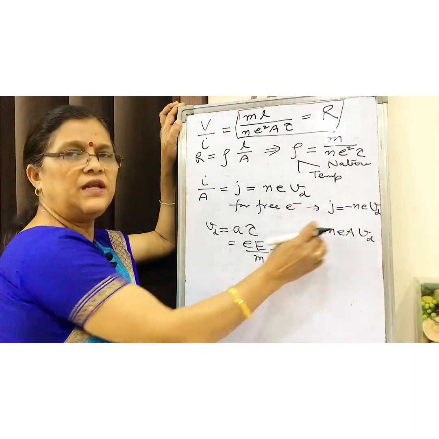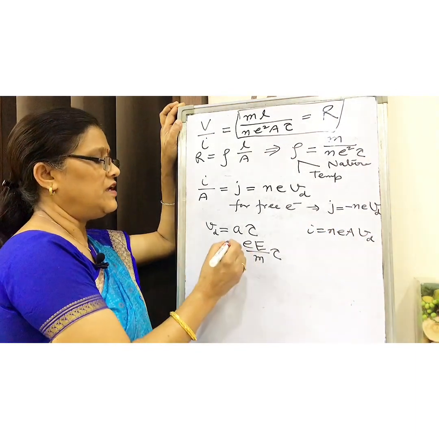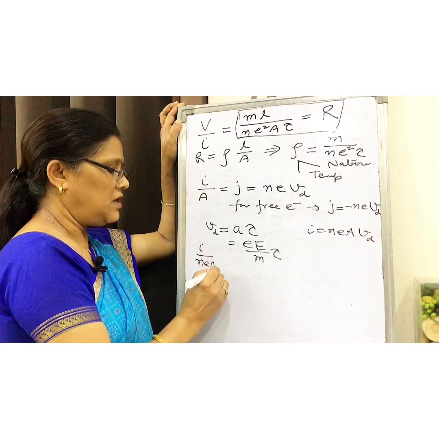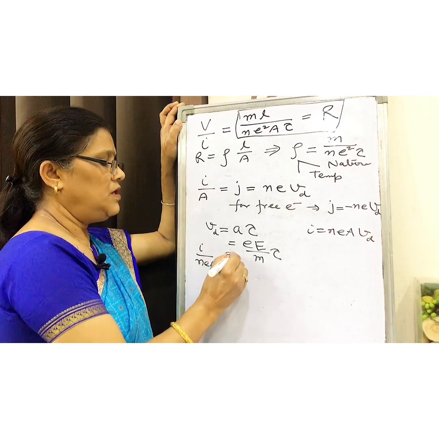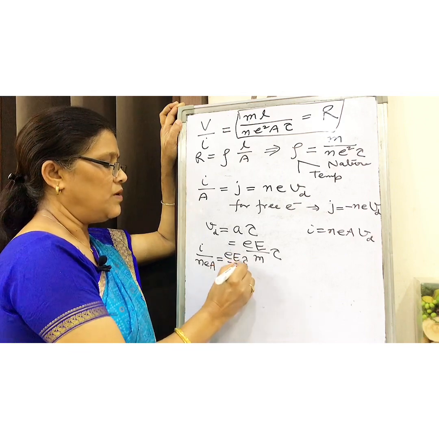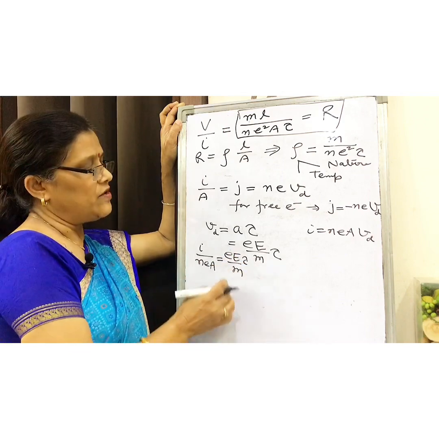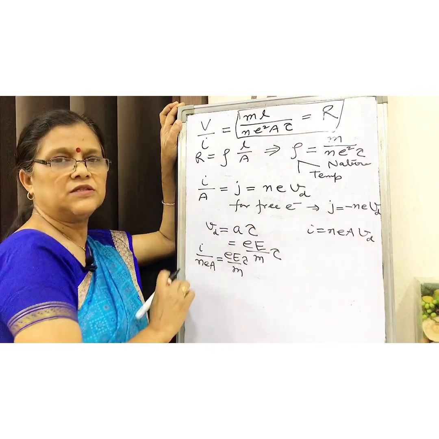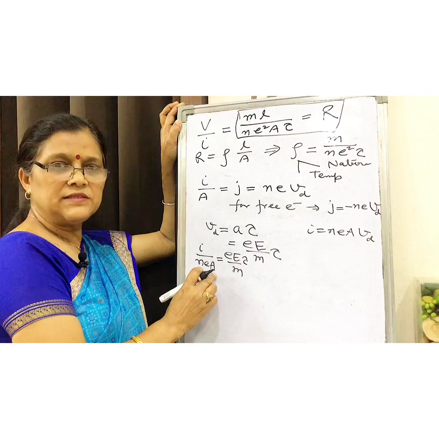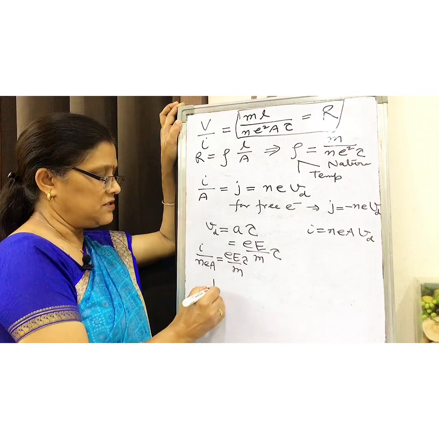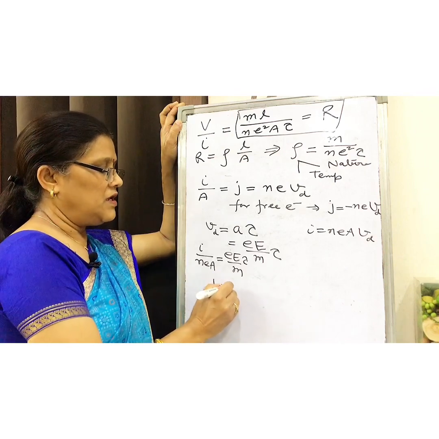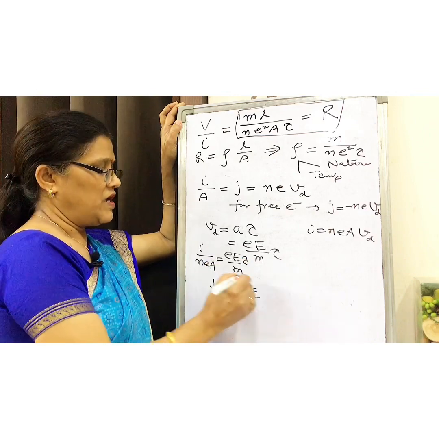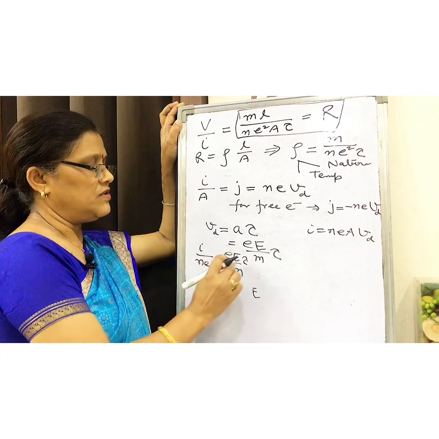Then what can you write for vd? As I upon n e A. So we can write here I upon n e A equal to e tau upon m. That is, we have equated the vd from a tau and from this relation. You know I upon A is current density, so you can write here J. And suppose you leave E and transfer the n e on the right hand side.